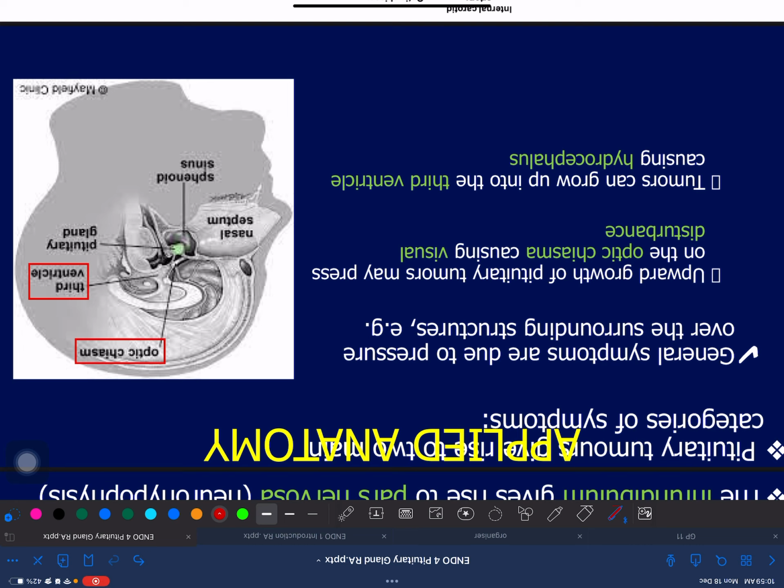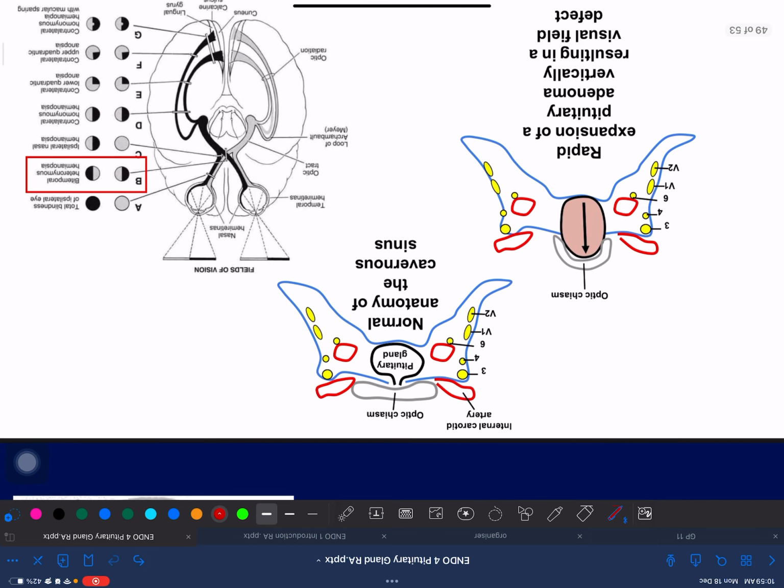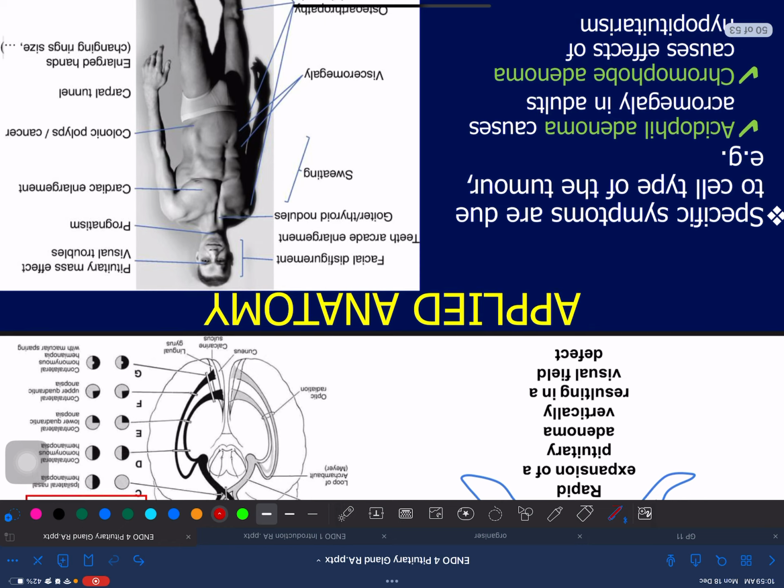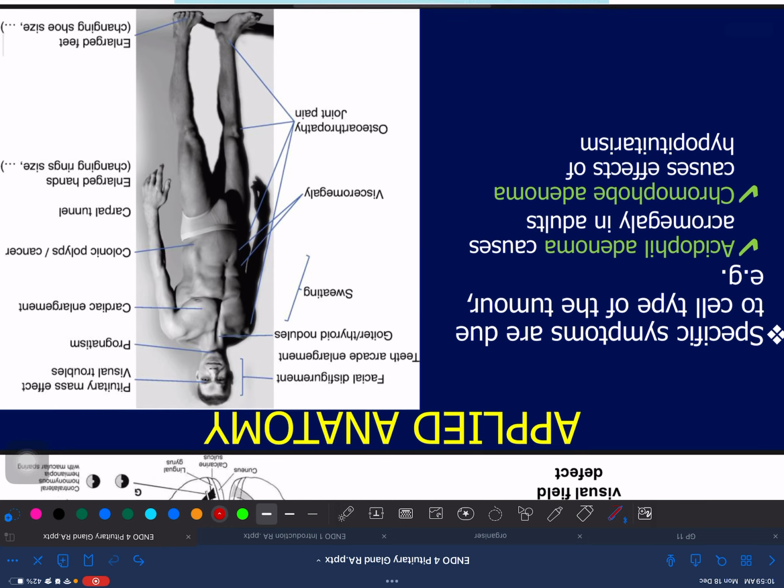Again, the optic chiasm: a tumor can press here and cause bitemporal hemianopia. This is one of the symptoms in the optic tract pathway.